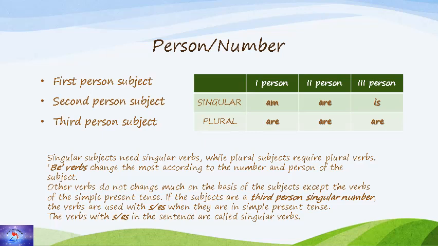If it is in second person, the singular form is are and the plural form is are. If the subject is in third person, the singular form is is and the plural form is are. If the subject is third person singular, the verbs are used with s or es in simple present tense. The verbs with s or es in the sentence are called singular verbs.